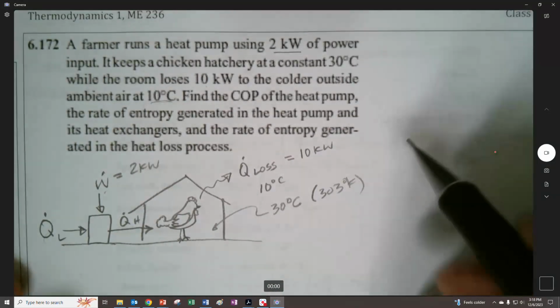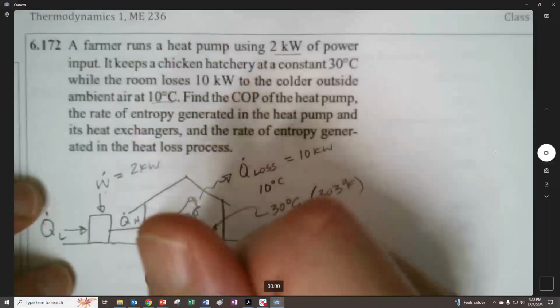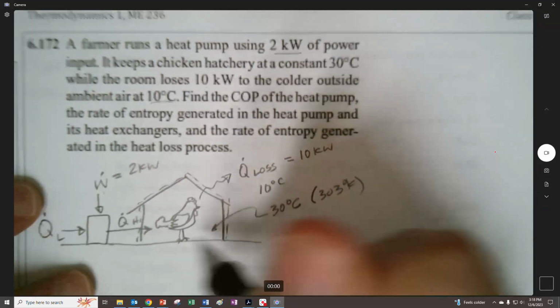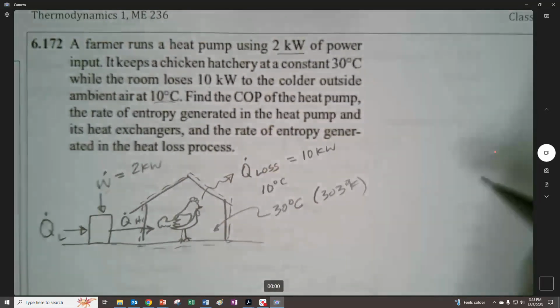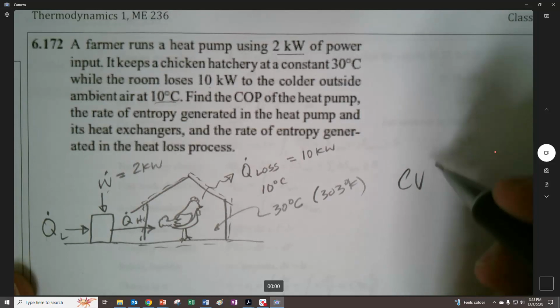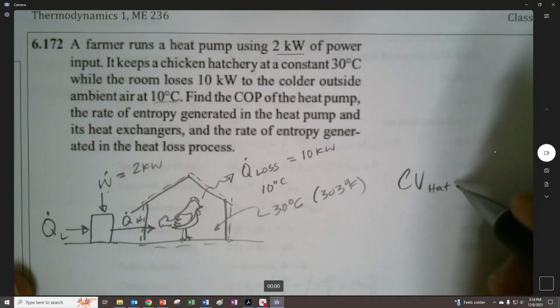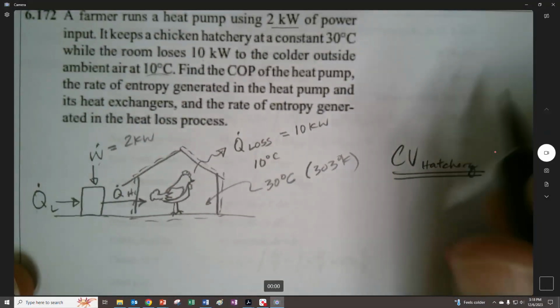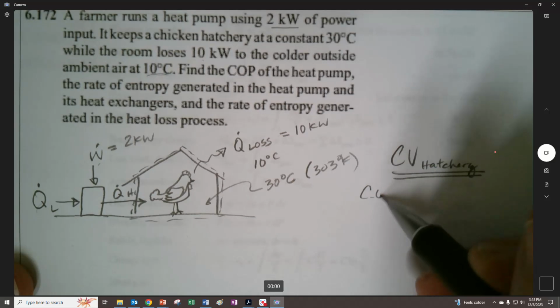All right, so if you do a control volume around the hatchery itself, right here, that's the control volume hatchery. Get yourself to a nunnery, get yourself to a hatchery. Chicken. And then we do the conservation of energy.